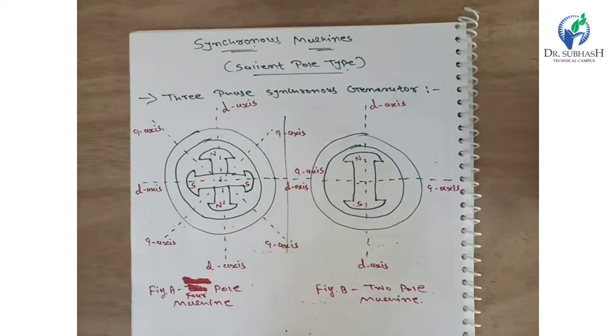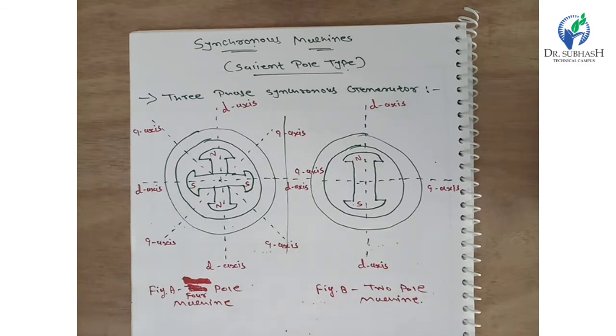Now we explain the magnetic axis of the rotor and the quadrature axis of the rotor, how they work, and the performance of the synchronous generator. The magnetic axis of the rotor is the direct axis.